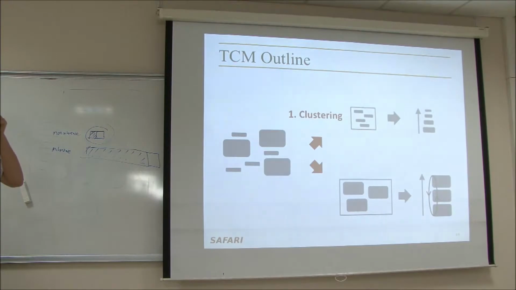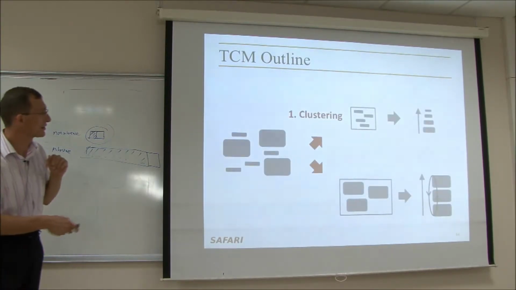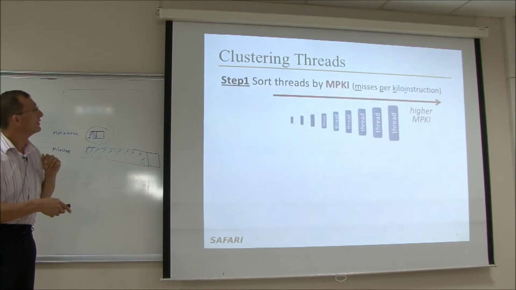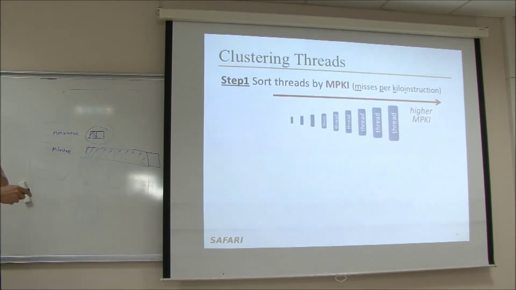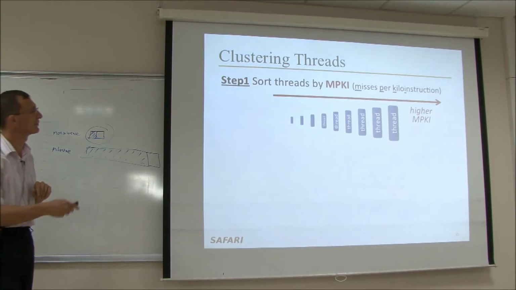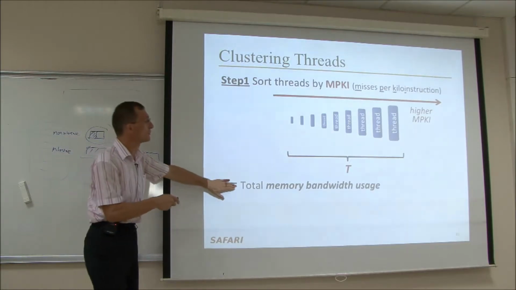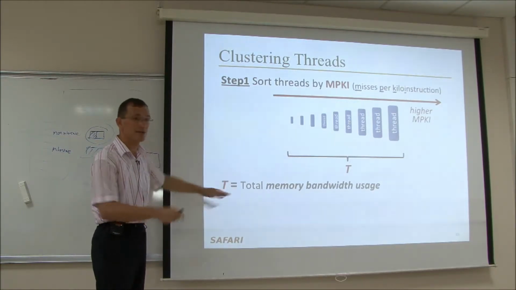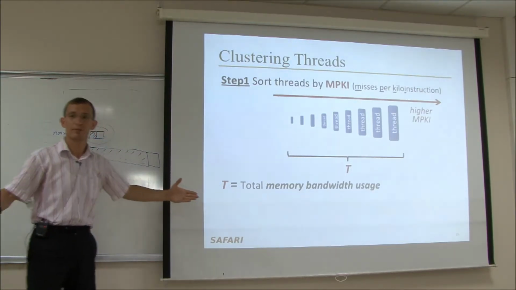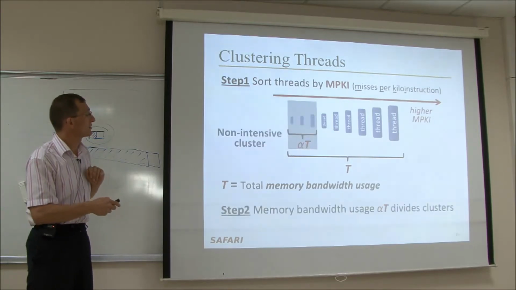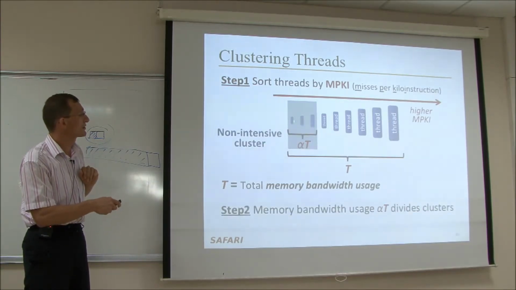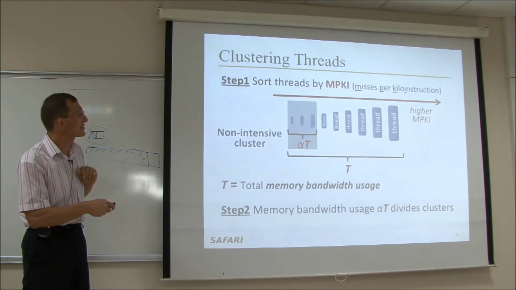So this is the outline of thread cluster memory scheduling. First, the memory controller sorts the threads based on misses per kilo instruction. This is the miss rate, how intensive threads are. And it computes the total memory bandwidth usage for the threads for a time quantum. And it forms a non-intensive cluster as those threads that consume a fraction of that total memory bandwidth usage.